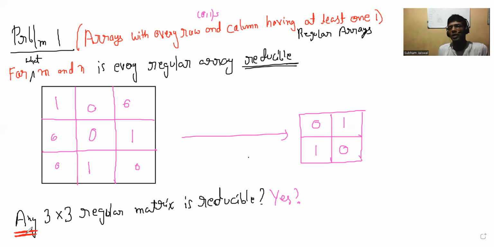We have already said that there are only 6 matrices which have exactly one 1 in every row and every column. If you can explicitly show it for all those 6, then are we done?